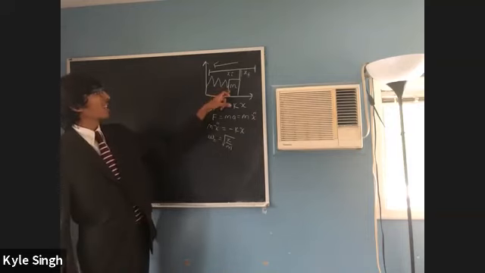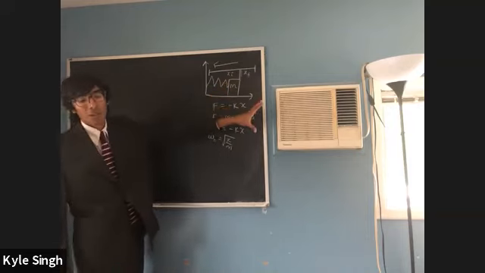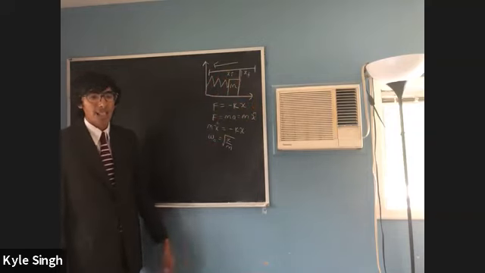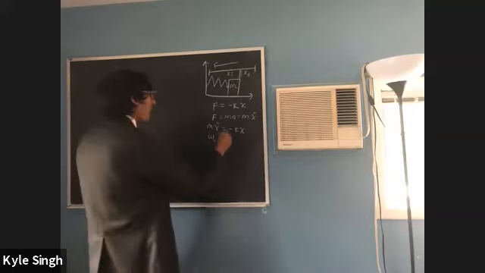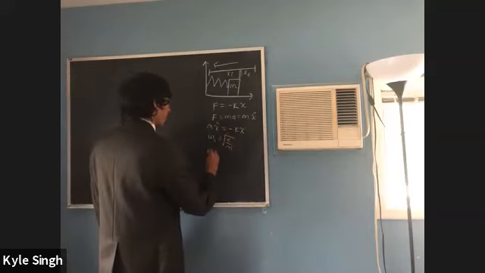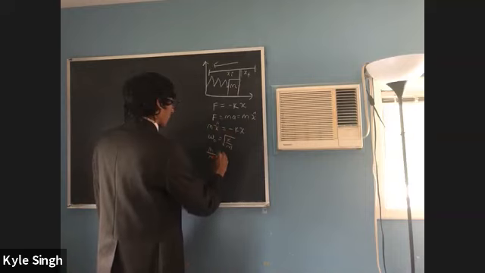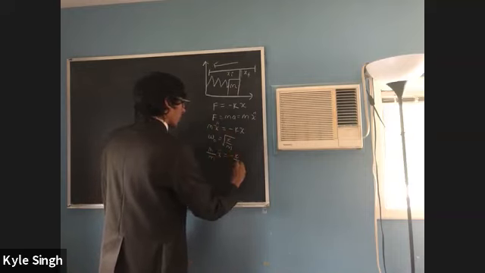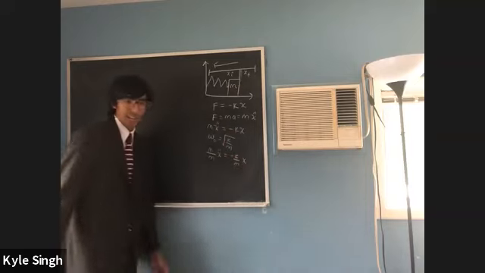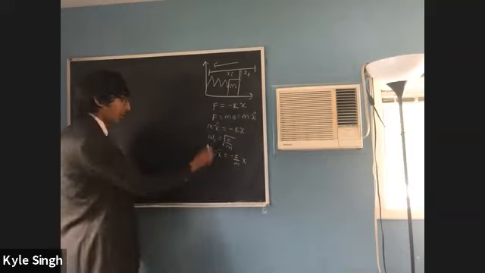If you just let it go at this point without pulling it out, what would it naturally oscillate at? Now I'm going to divide through by m. I just divided through by m, so this goes away.